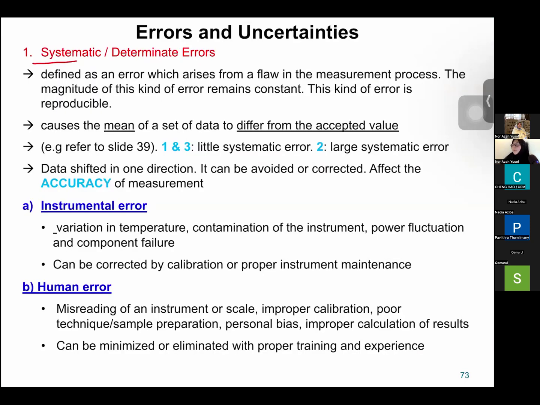This is also a revision. You have done this during your undergraduate. One is determinate errors or systematic errors, which arise from a flaw in the measurement process. This kind of error is reproducible, meaning that it can happen again and again.